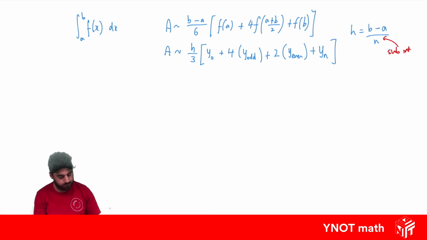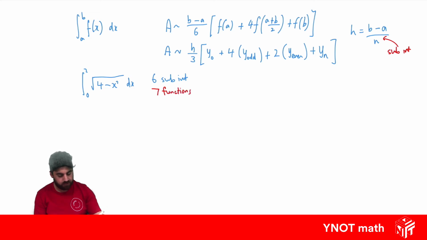So we're going to look at approximating the area between 0 and 2 of the semicircle, which is the integral of root of 4 minus x squared dx, and we're going to be using 6 subintervals. So if we have 6 subintervals, that means we have 7 function values.